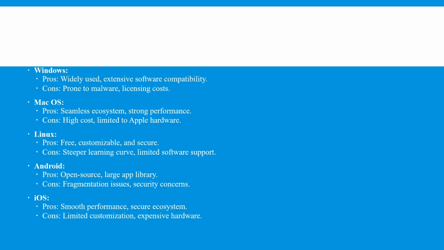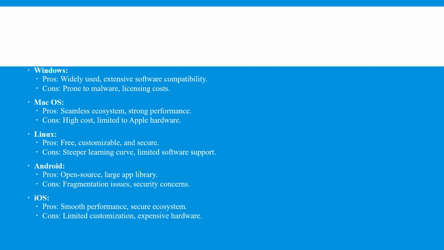Now I would like to describe the advantages and disadvantages of different operating systems. At first, Windows. Windows is widely used with extensive software compatibility, but it is prone to malware and has licensing cost.